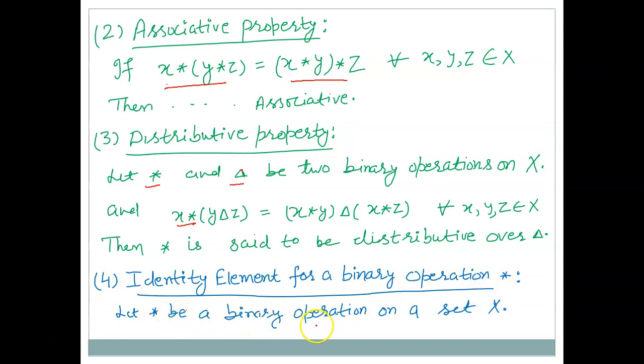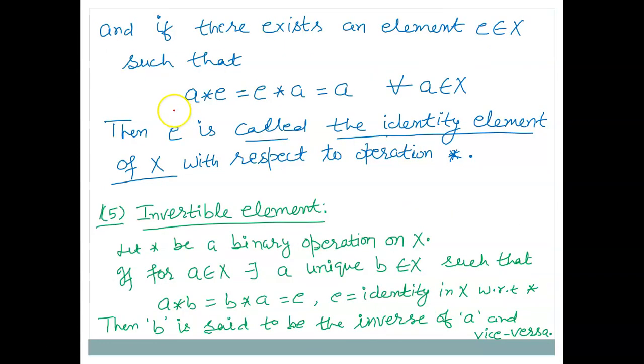Let star be a binary operation on a set X, and suppose there exists an element E in X such that A star E equals E star A equals A for all A belonging to X. Then E is called the identity element of X with respect to the operation star.